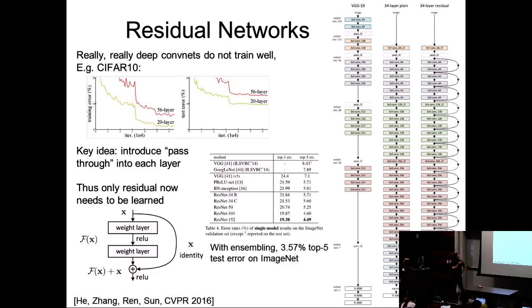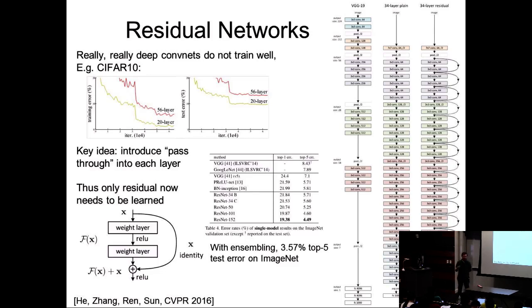And if you look at the test error, it is also worse, right? So this is not a problem of overfitting. This is a problem of underfitting. You can't really fit this model. So its test error is even higher than a 20-layer model, right? So if you try building these very deep models, it's just not going to work because you can't optimize them. So that's why, as I mentioned, I think in the last class, a couple of classes before, in neural nets, optimization is one of the big areas of research.